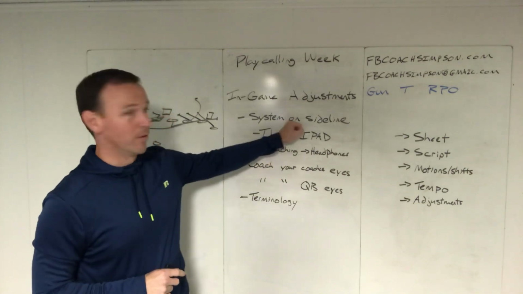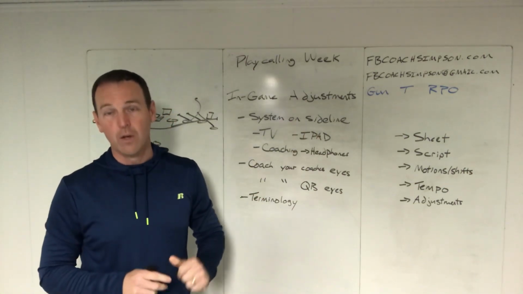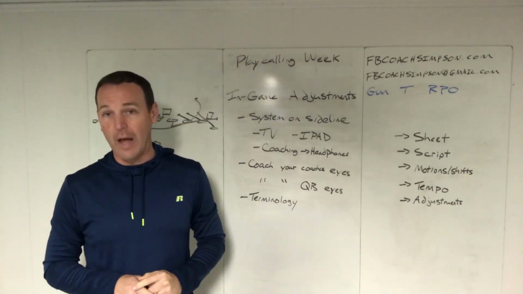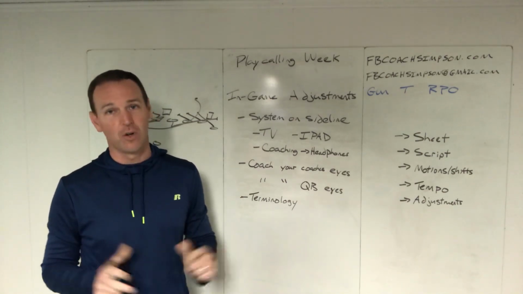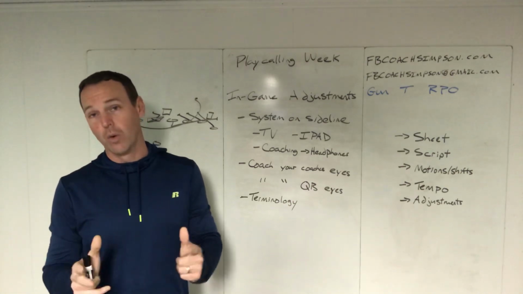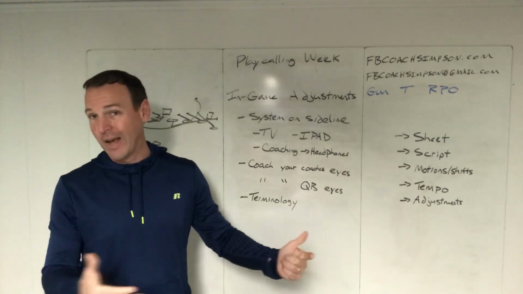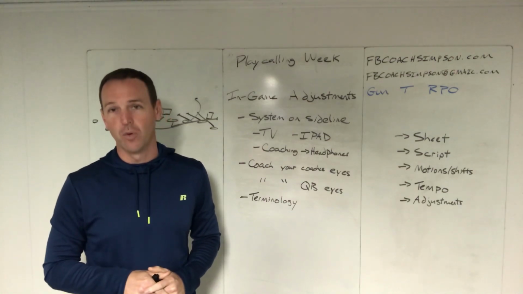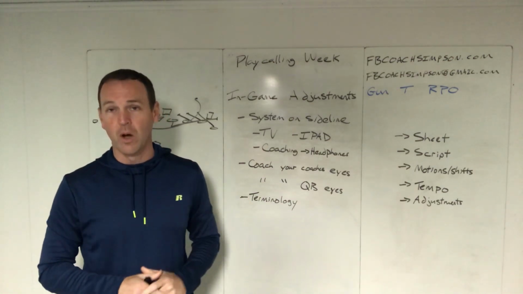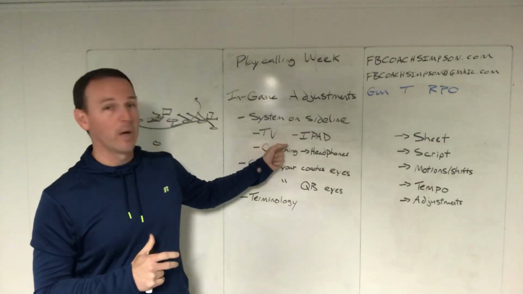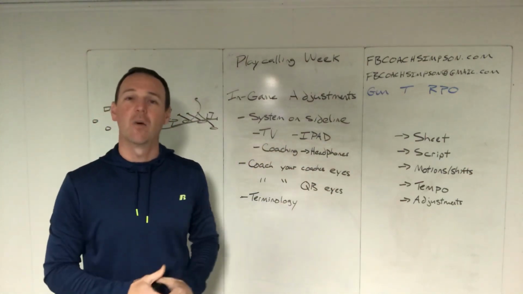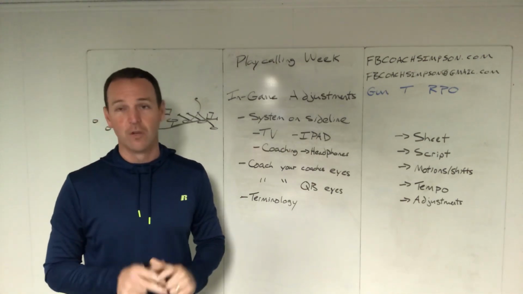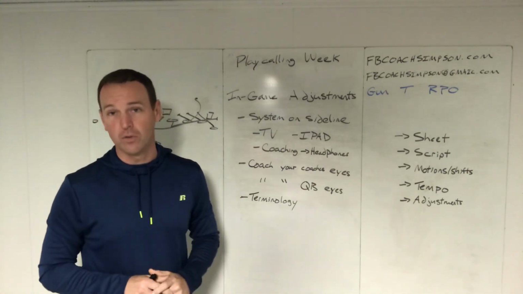So for us, the system is going to include how much live film we can shoot down to our sideline. Unless you're in the state of Texas, sorry guys, you can record and watch the game almost as it's going. So we're going to use that as much as possible, making sure that our kids and our coaches are seeing what's going on. To do that, we want a setup on the sideline with either a TV or an iPad or whatever it is, so that we're getting live looks at what's going on.